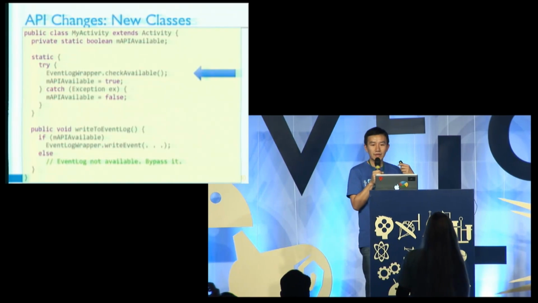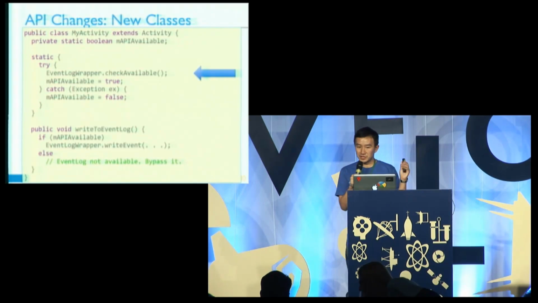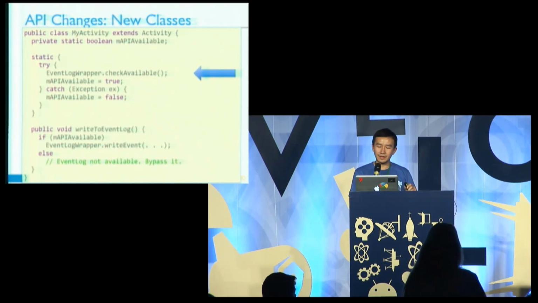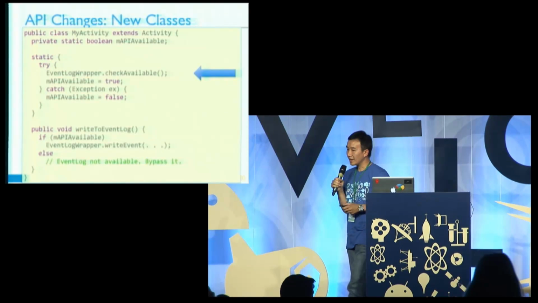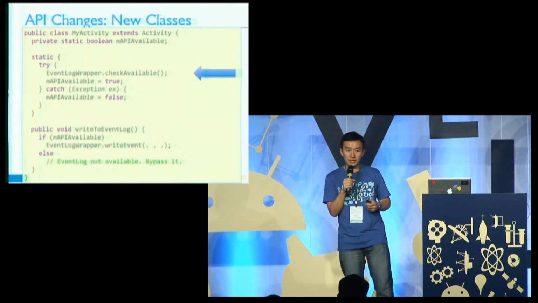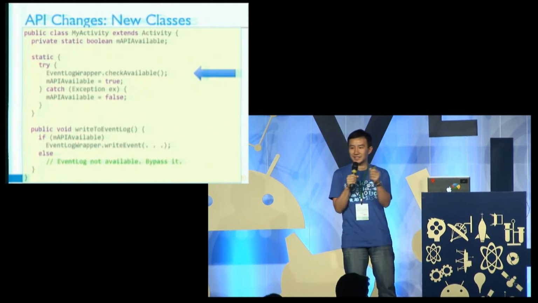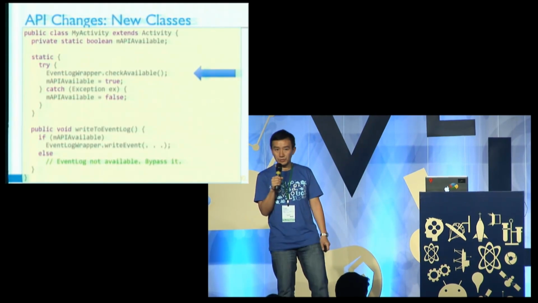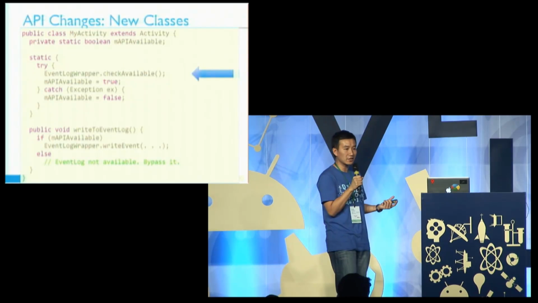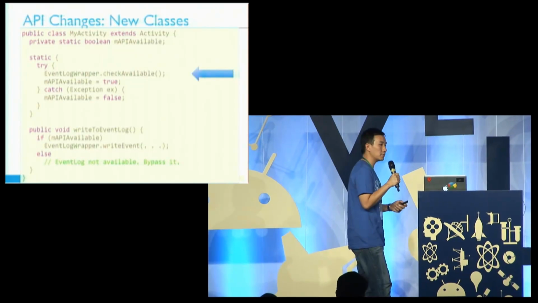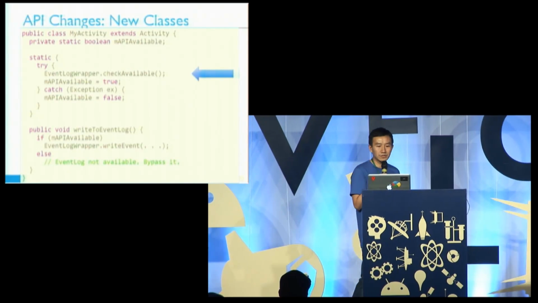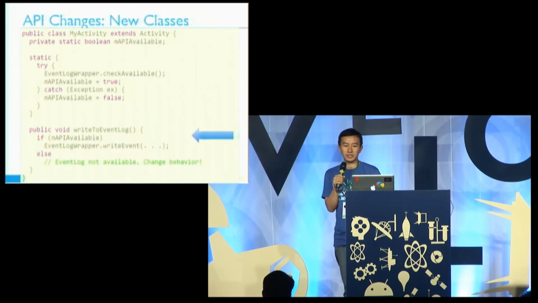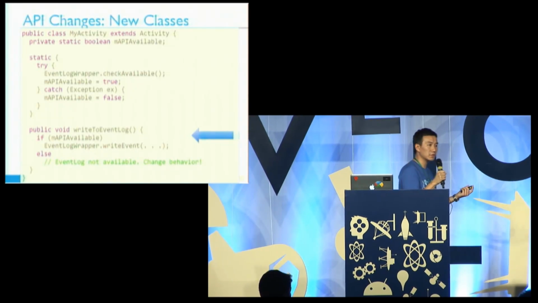If forName works well, everything is good, and then you set the Boolean to true. The Boolean is called API available. Set it to true, indicating that yes, the class is available. Otherwise, if the exception is thrown, which implies that the class is not available, then you would set that Boolean to false.